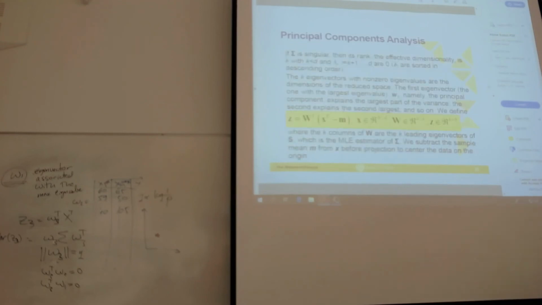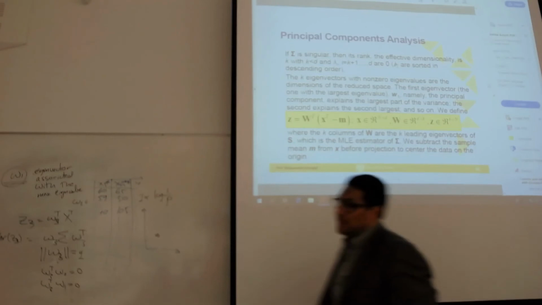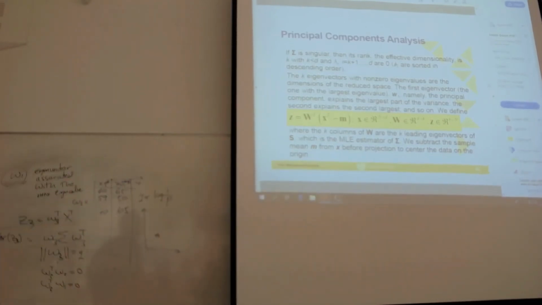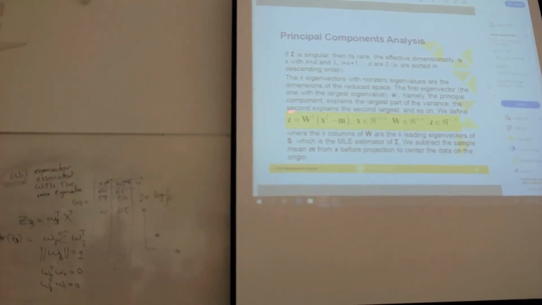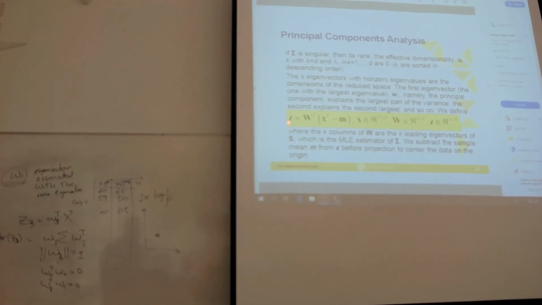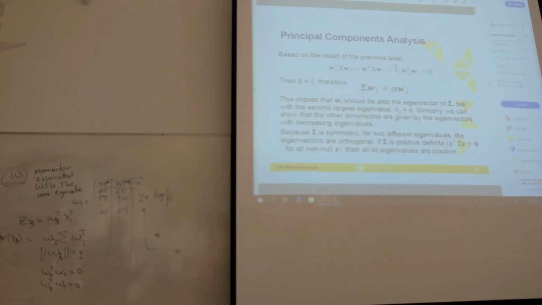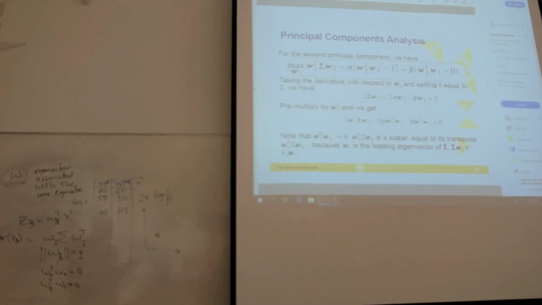Okay. Let's do it this way. So we can see here that this is our new data size. It is W transpose. W capital is the matrix of all eigenvectors that we have calculated based on this principle. So first, I will repeat it in a fast way. First we build the covariance of the data in the same way that we did before.